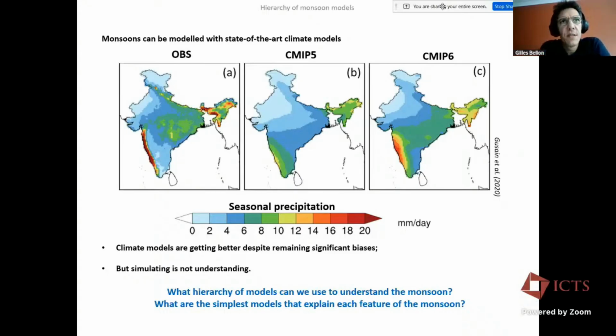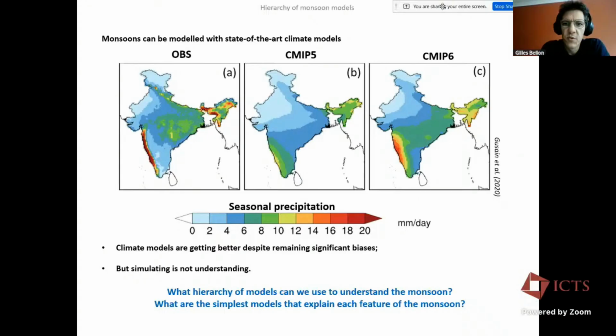When we are interested in simpler modeling of the monsoon, and by that I mean intermediate complexity or very simple models of the monsoon, it's more about understanding what the mechanisms of the monsoon are.